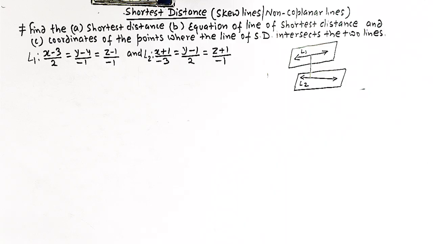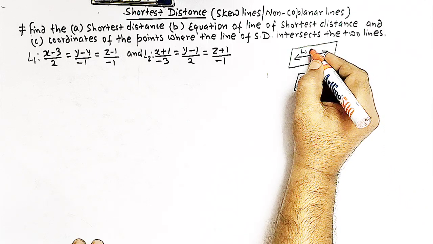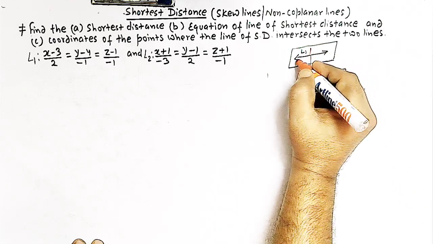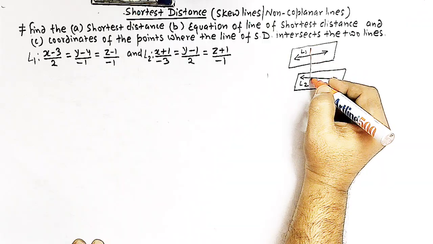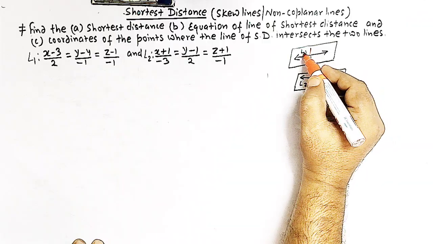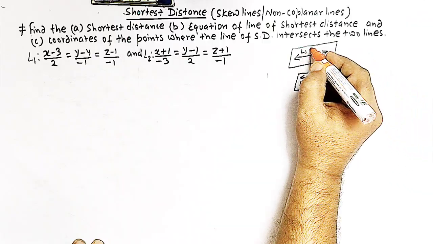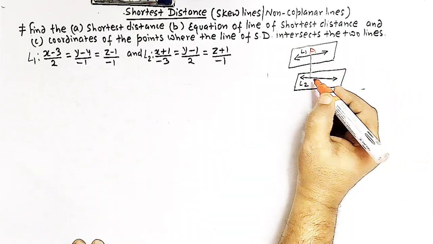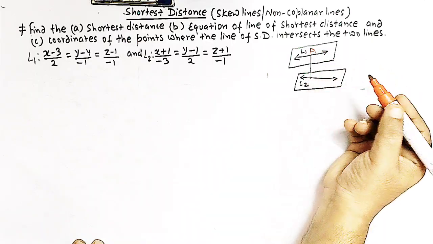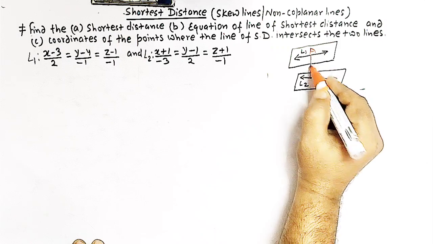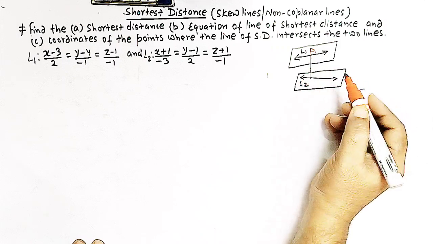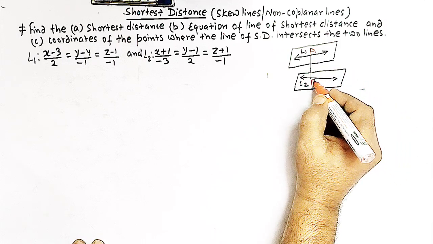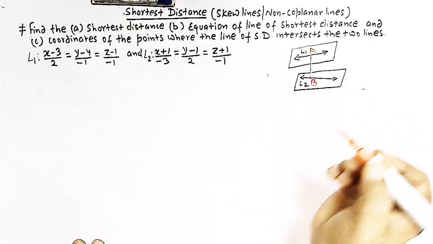This point is the point of intersection of the line of shortest distance with line L1, so let us call it A, and this point is the point of intersection with line L2, so let us call it B.